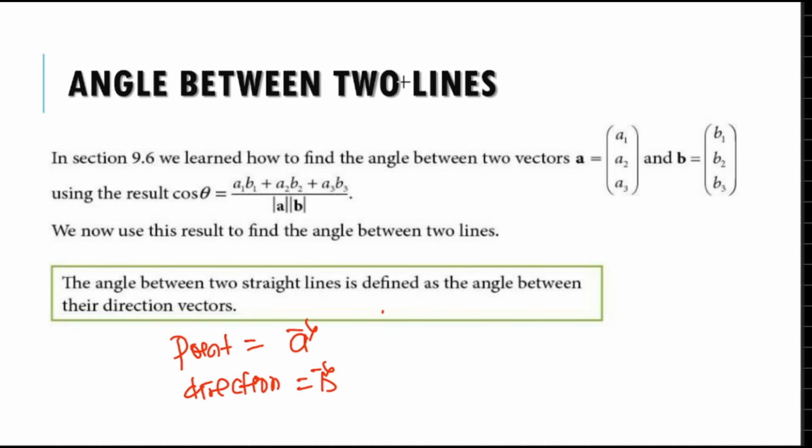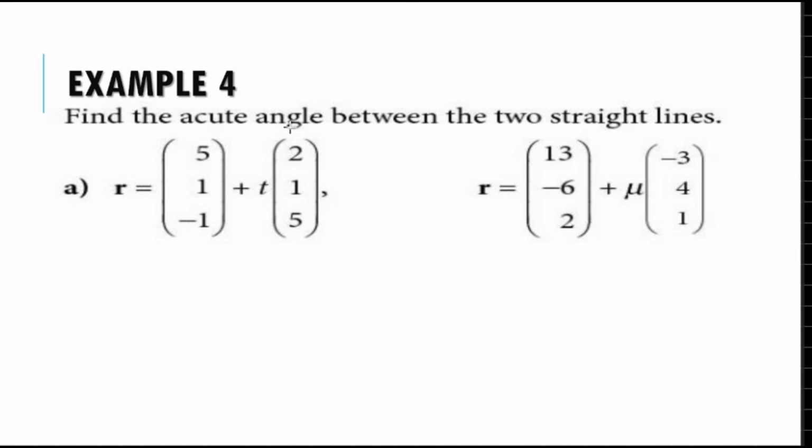This is example 4. Find the acute angle between the two lines. Look at the lines. We are not going to be using the position; what we are going to use is the direction.